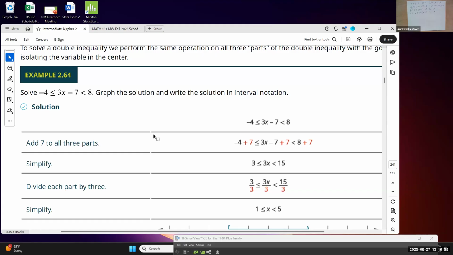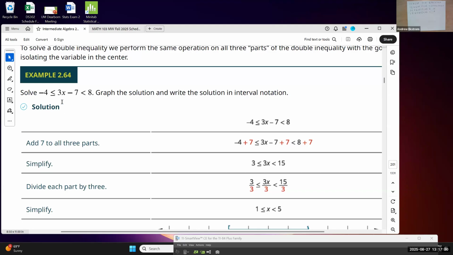Solve for x on that side. Solve for x on that side. We want to get x by itself. Since you've got 3x minus 7, add 7 to everything. Now we've got 3x, so divide everything by 3. We end up with our value.